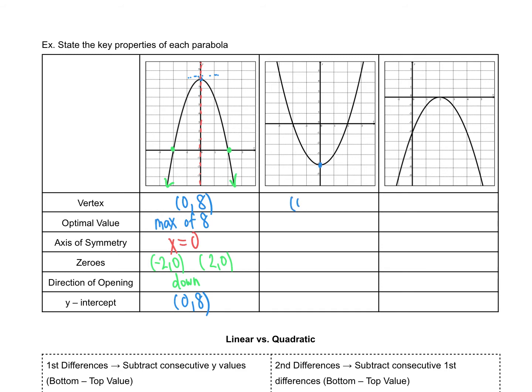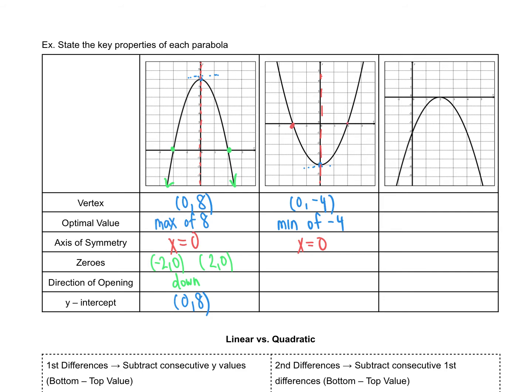So our vertex is 0, -4. And this is the lowest point on our parabola, so we should have a minimum of -4. The axis of symmetry is similar to the previous example in that we're the y-axis, so we're passing through 0 on the x-axis, so x equals 0.